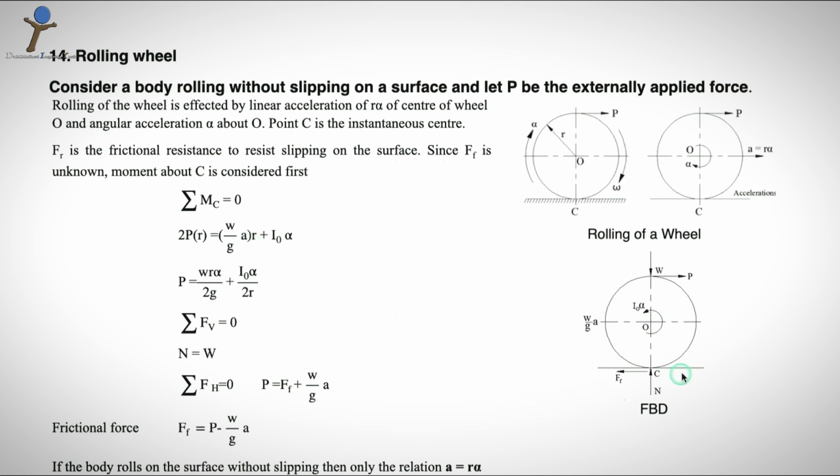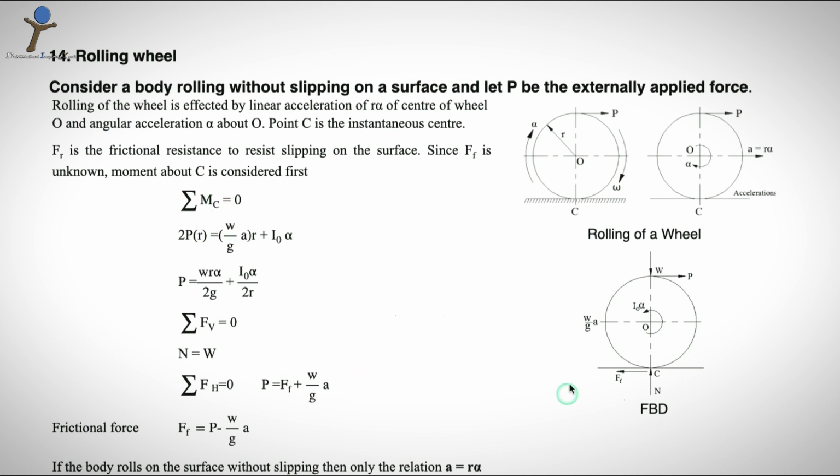Now coming to this I naught alpha, that is mass moment of inertia into alpha, in a counterclockwise direction. So that adds up to this. Put together, you have an expression for P which is equal to W R alpha by 2g plus I naught alpha by 2R. So this expression is obtained from the moment about C.